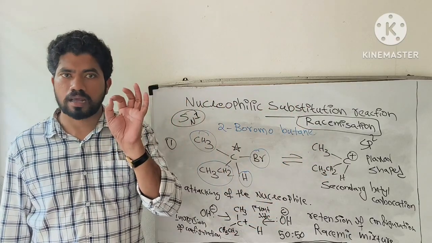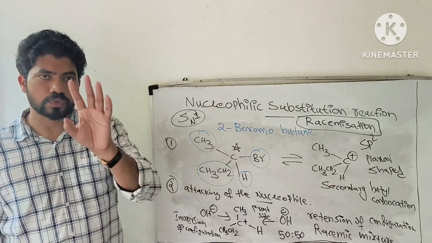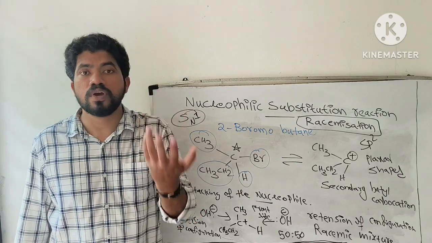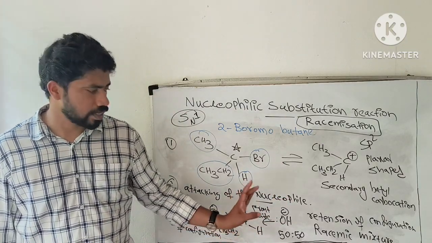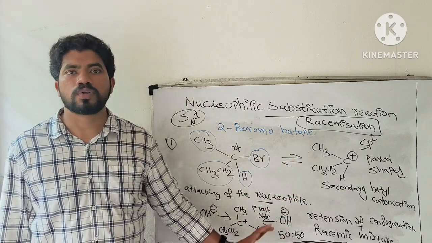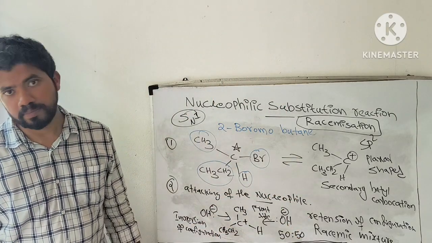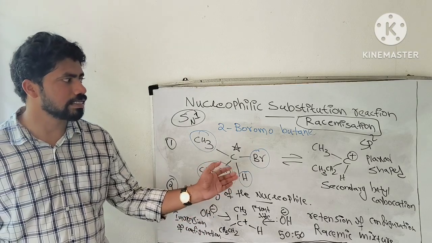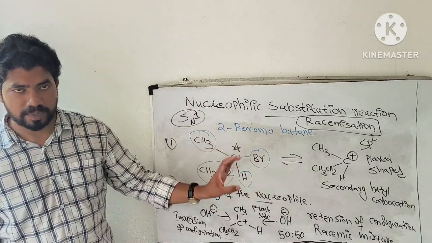Only one condition, the carbon should be a chiral carbon, so you will get two types of enantiomers. If you get 50-50 percentage product, which are enantiomers, they are optically active but non-superimposable mirror images, and once they reach their proportion of 50-50 they are called a racemic mixture.